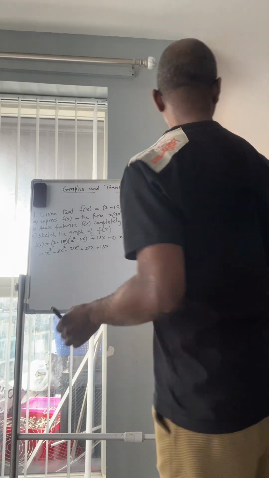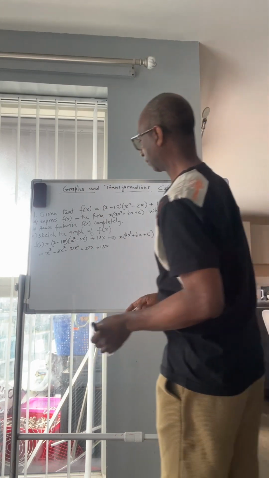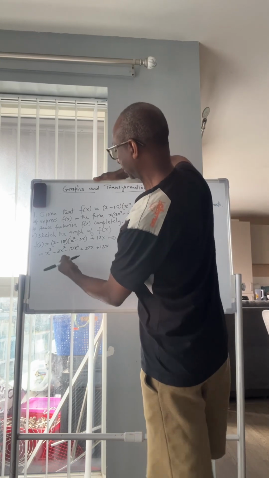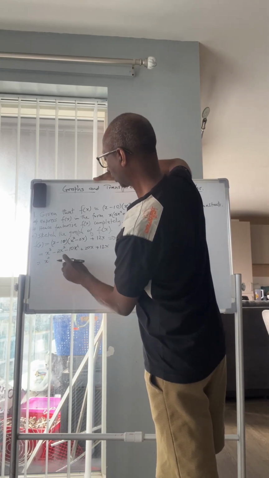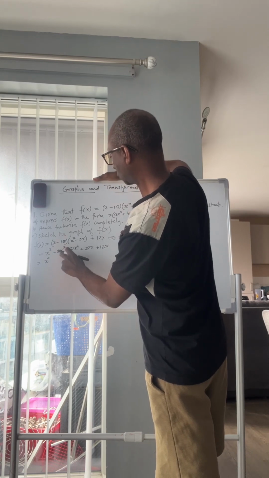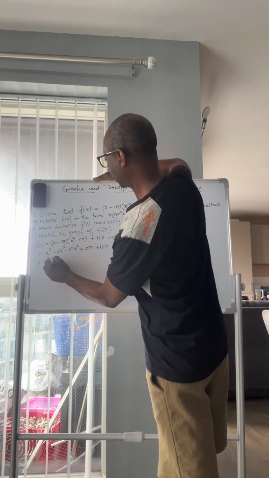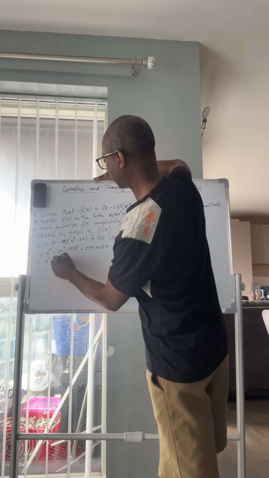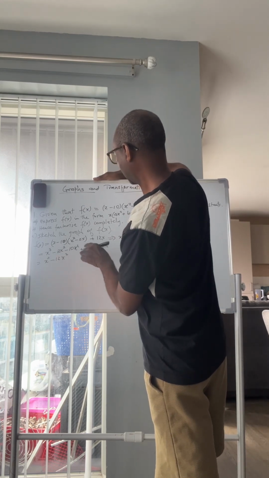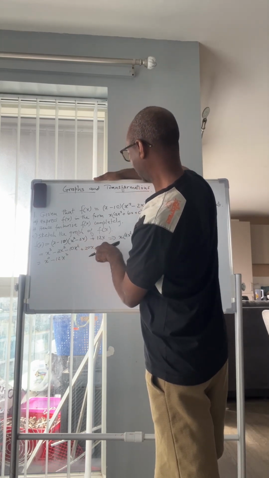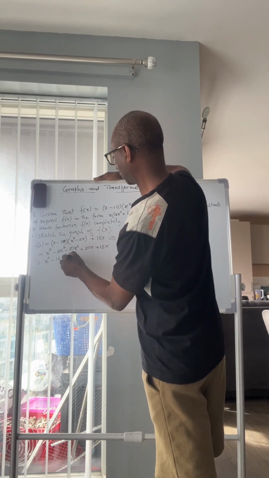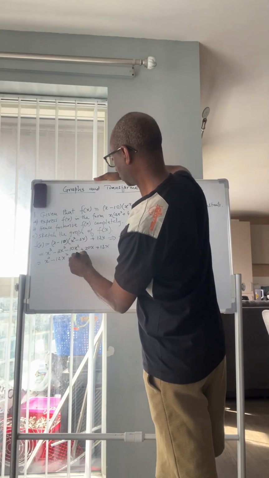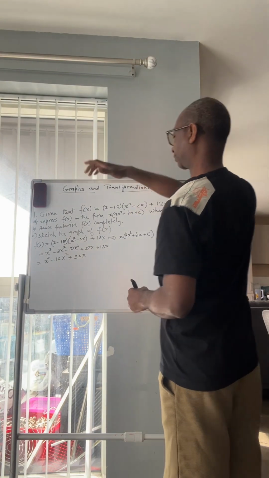So now let's collect like terms. You have only 1x cubed, and you have minus 2x squared minus 10x squared. That will give us minus 12x squared. And you have 20x plus 12x. This will give us plus 32x.